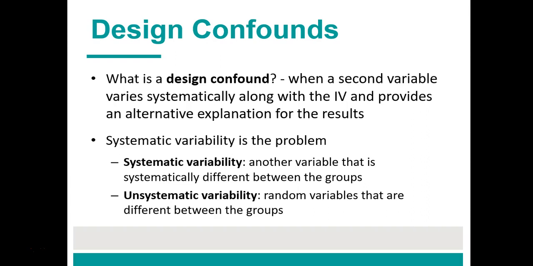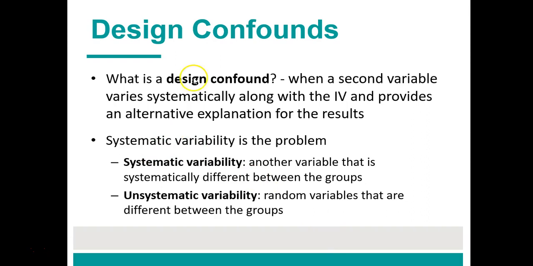If we tested them at the same time, but one of the groups was tested in a room painted blue and one of the groups was tested in a room painted red, again, we have a design confound because is aggression caused by the independent variable or due to the paint color on the walls?